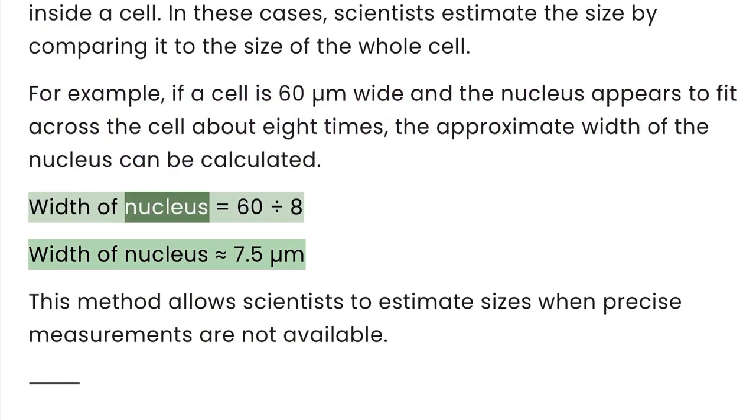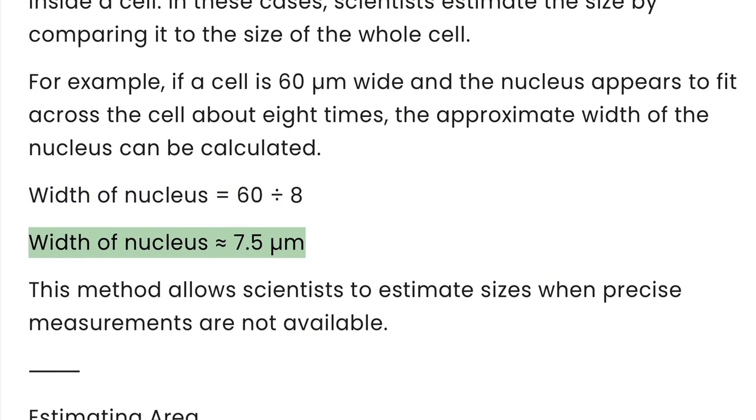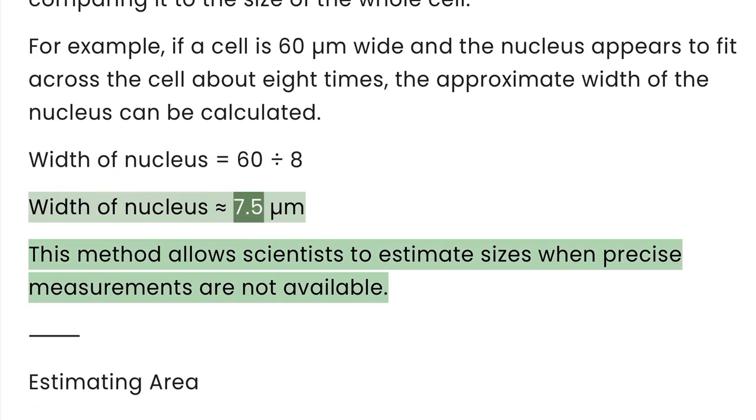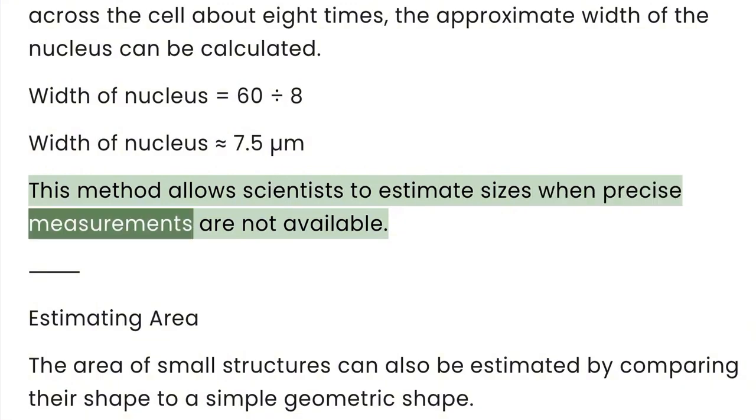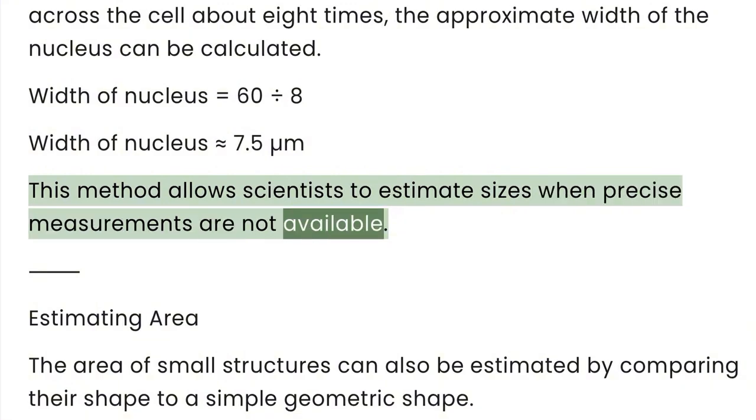Width of nucleus equals 60 divided by 8. Width of nucleus equals 7.5 micrometers. This method allows scientists to estimate sizes when precise measurements are not available.